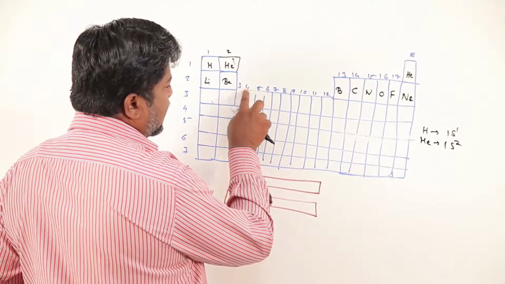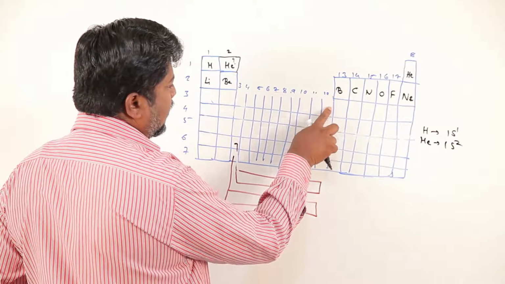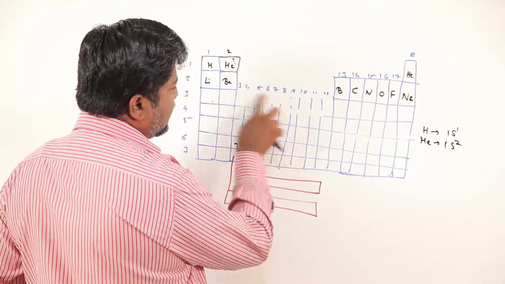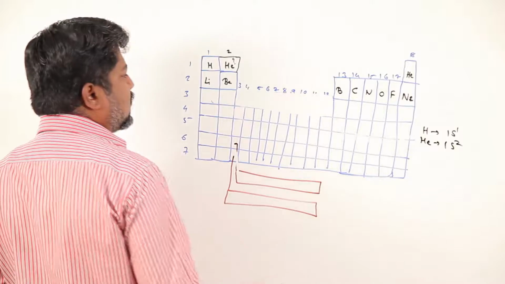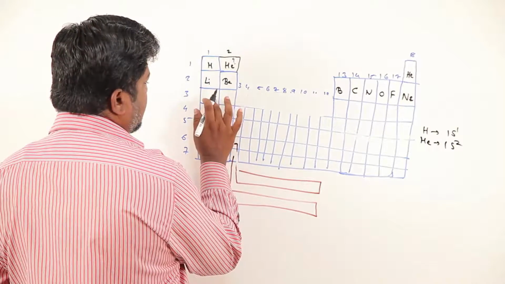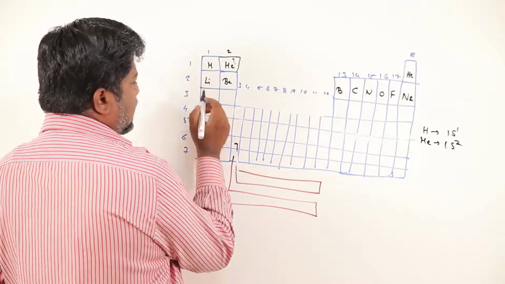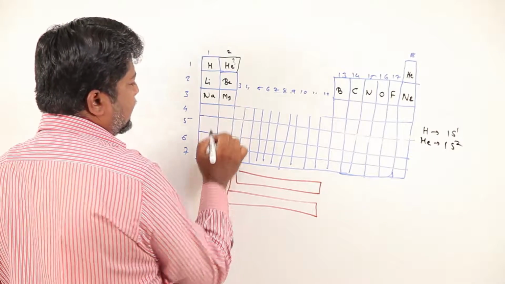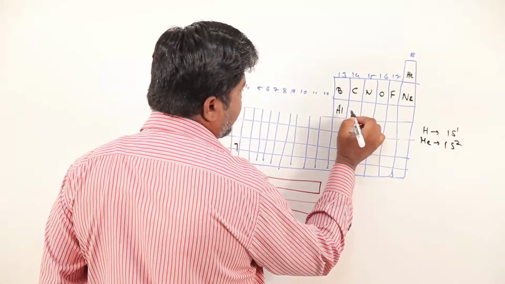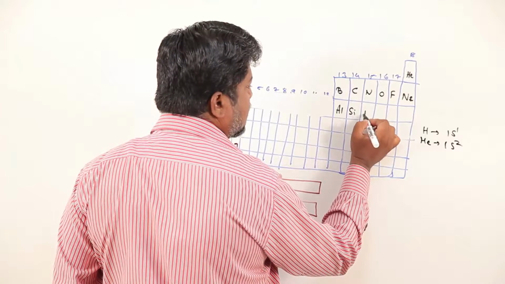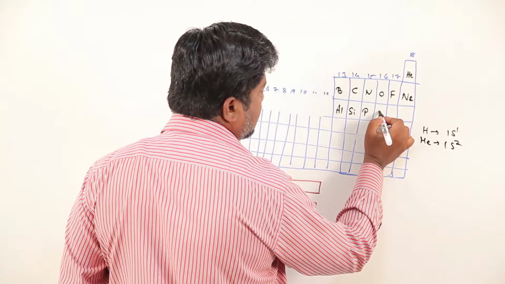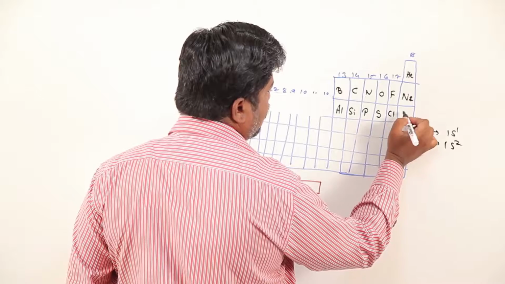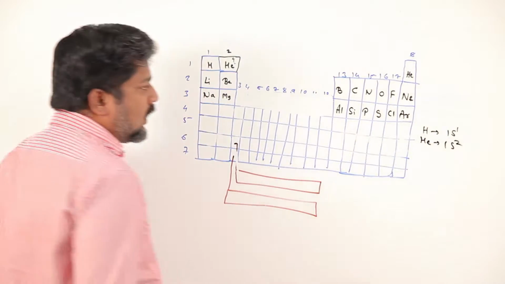One small mistake was there, I just want to refine this. Here also elements are not there. So the next period has sodium, magnesium, aluminium, silicon, phosphorus, sulfur, chlorine and argon.